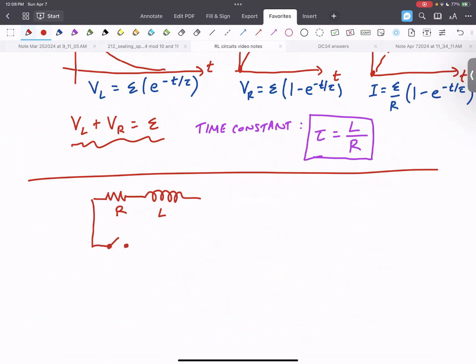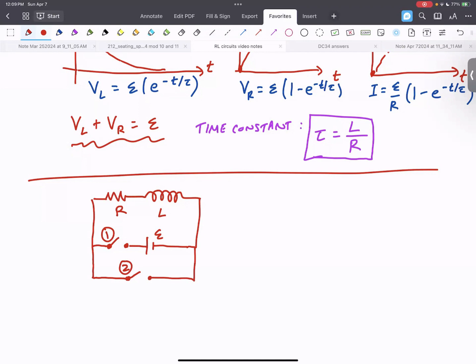I'm going to move a switch here to where my EMF was or is. So initially, I'll call this switch 1. That was closed. But now let's assume I have another switch over here, which I can call 2, so that it's like this.